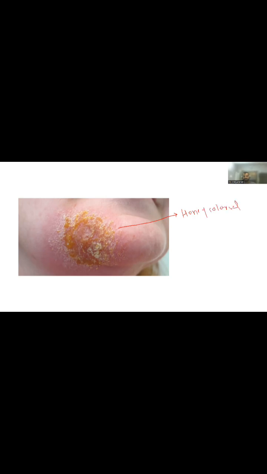Wherever you see or find honey colored crust, it is always impetigo. So this is the image of impetigo, and the words honey colored or amber colored crusting lesions are always associated with impetigo. Now, impetigo is essentially of two types.